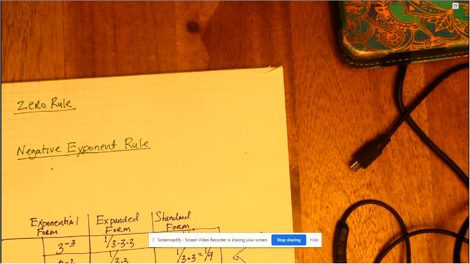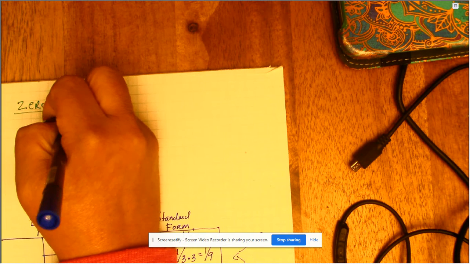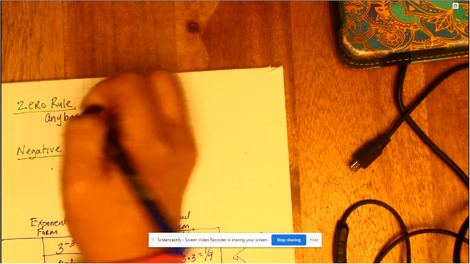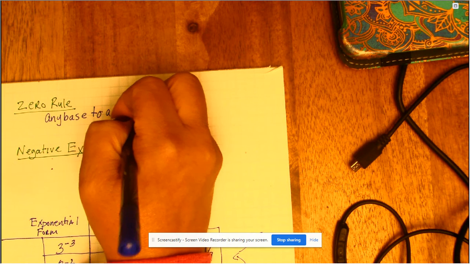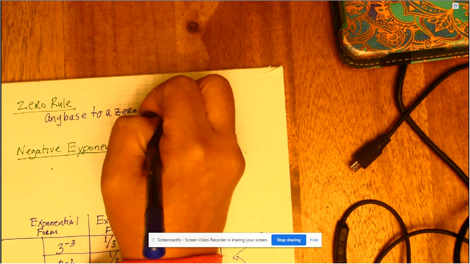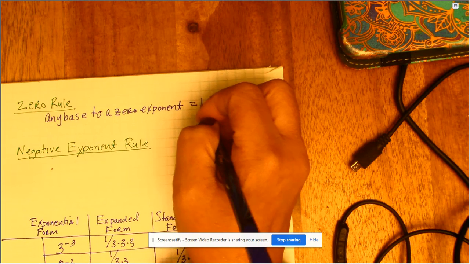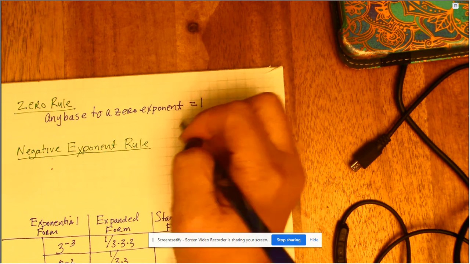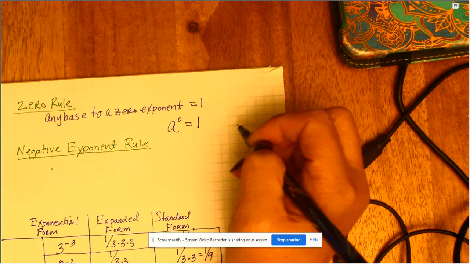Well, for the 0 rule, it means any base to a 0 exponent will equal 1. In other words, symbolically, a to the 0 equals 1.